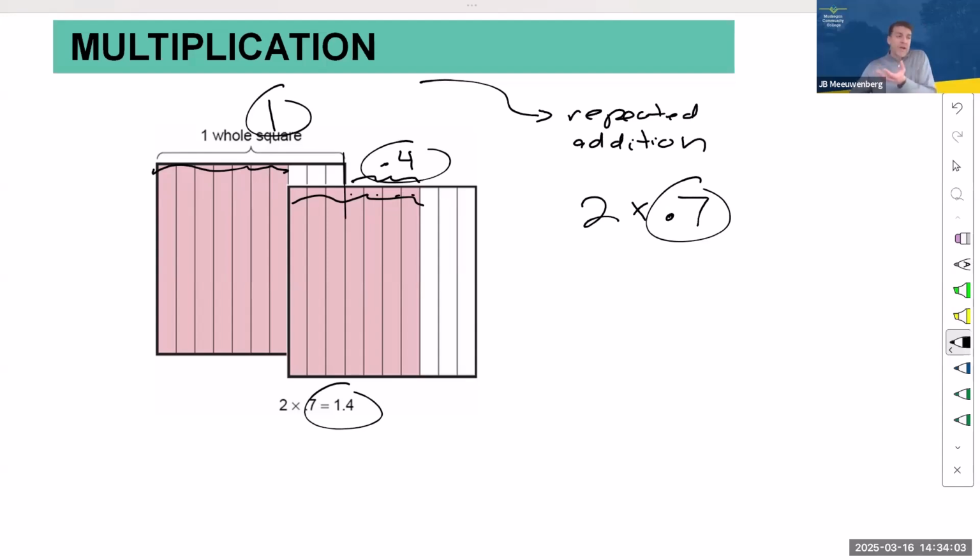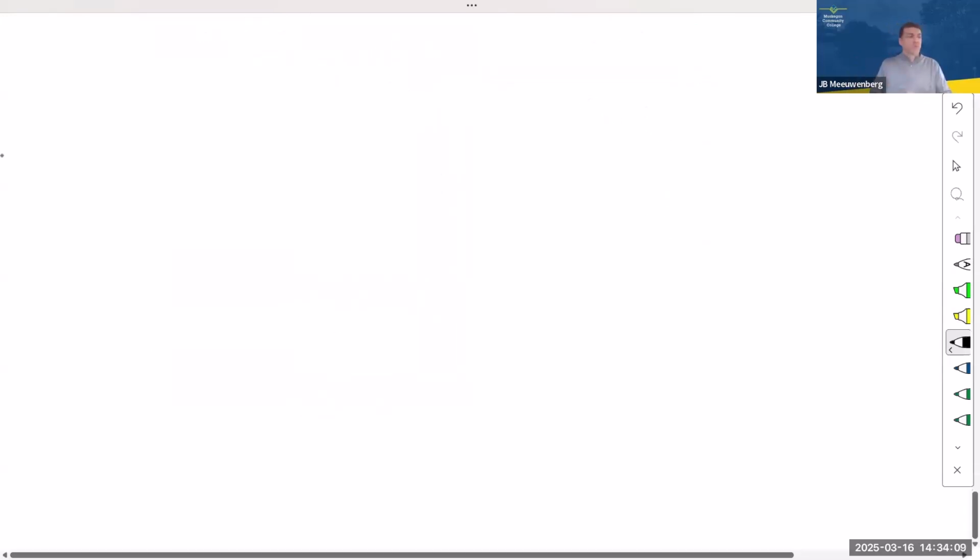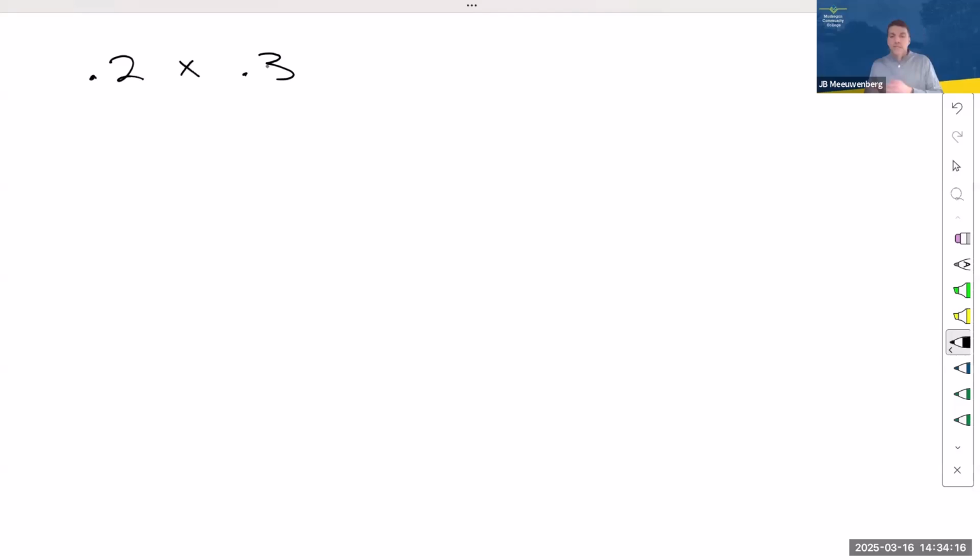That was where we had a whole number times a decimal number, but many times we are multiplying decimal numbers times decimal numbers. So consider this: 2/10 times 3/10. One way this can be interpreted is 2/10 of 3/10.